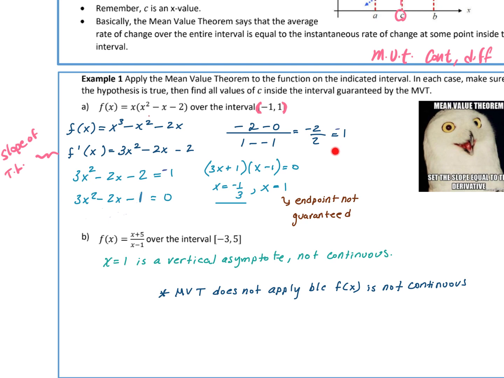So I want to find at what x value the slope of the tangent line is equal to the slope of the secant line. So this represents the slope of the tangent line equal to the slope of the secant line, which is a value. Bring this over. I can then solve this for x. Factor it. I get x equals 1, x equals negative 1/3. This one we're going to throw out because it is not in the open interval. So it would be at x equals negative 1/3.